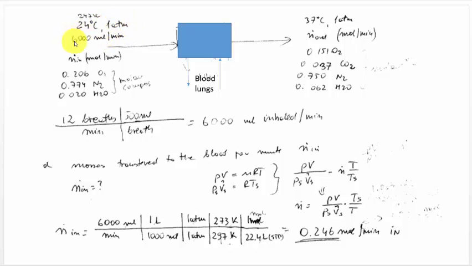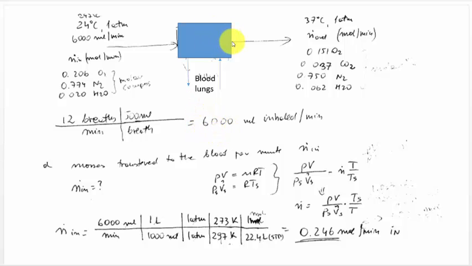Volumetric flow rate of the stream in is equal to 6000 milliliters per minute. We know that we have 12 breaths per minute times 500 milliliters per breath. That gives us 6000 milliliters, or 6 liters per minute, of air inhaled.